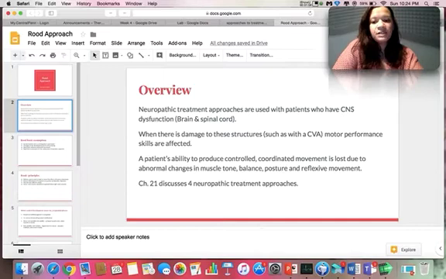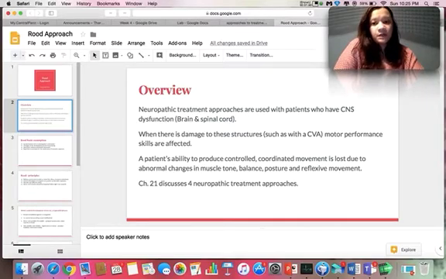A patient's ability to produce controlled, coordinated movement is going to be lost due to abnormal changes in muscle tone, balance, posture, and reflexive movement. People could be experiencing some hyper- or hypotonicity, which is going to then affect balance and posture. Some of those reflexes that we've talked about that integrate in infancy could come back, and that can be an issue that we need to treat.